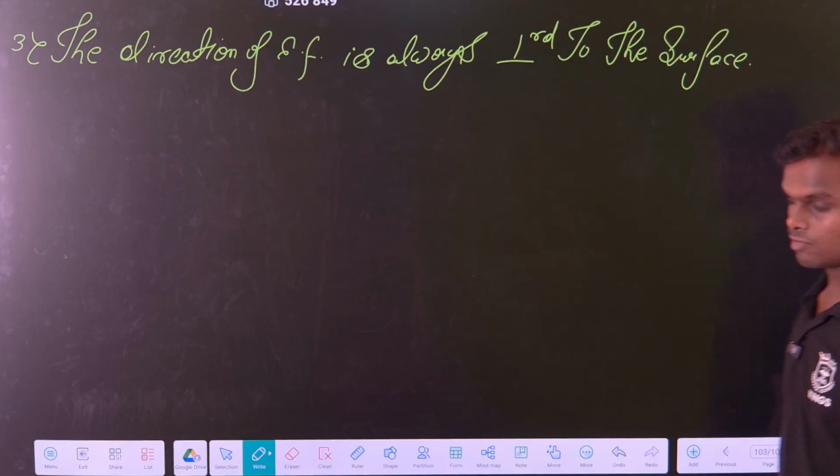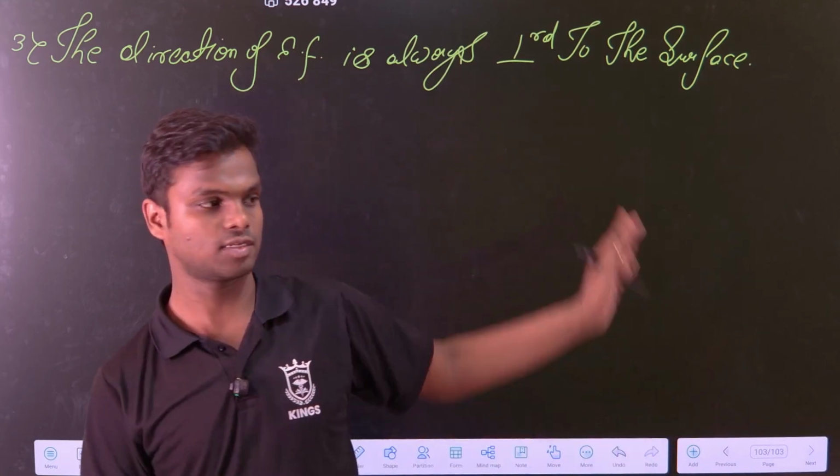Let me move to the next page. What is the next point? The direction of the electric field is always perpendicular to the surface. That is the third property.